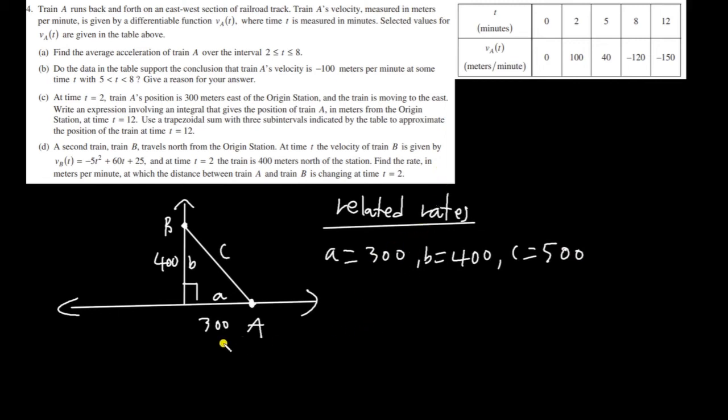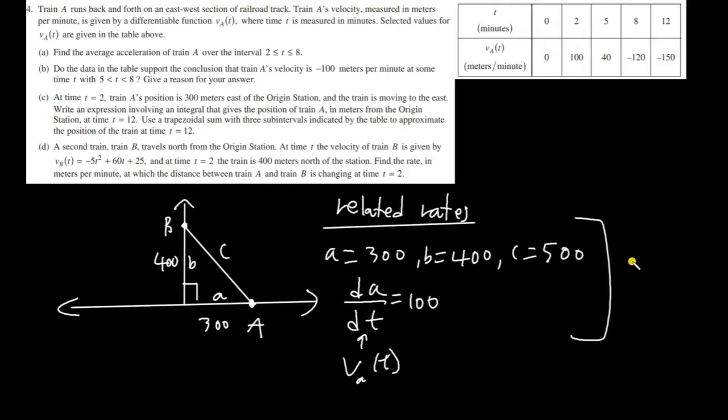Okay, what else do I know? Well, I know that the rate of change of the position of train A is the velocity, right? This is v sub a of t, and at time t equals 2, that's going to be 100. By the way, all this is caveated at t equals 2. And then if I wanted to find the derivative of the position of b, so how quickly its position is changing at time t equals 2, I need to look at v sub b of t.